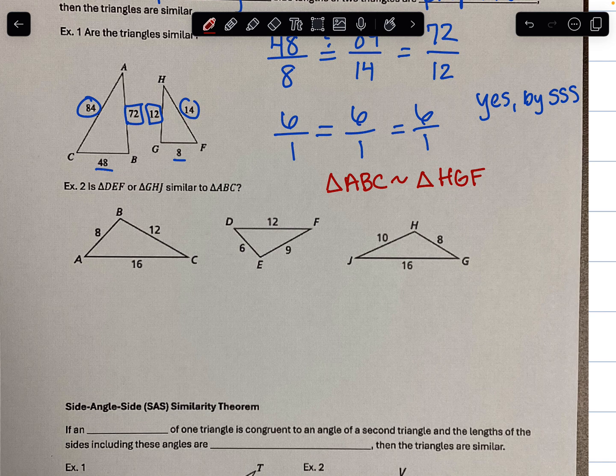Now notice DFE has been flipped upside down from ABC, correct? So let's start here with 8. What corresponds with 8? 6. So 8 over 6. Then what would correspond with 12? So 12 over 9. And then 16 over 12.